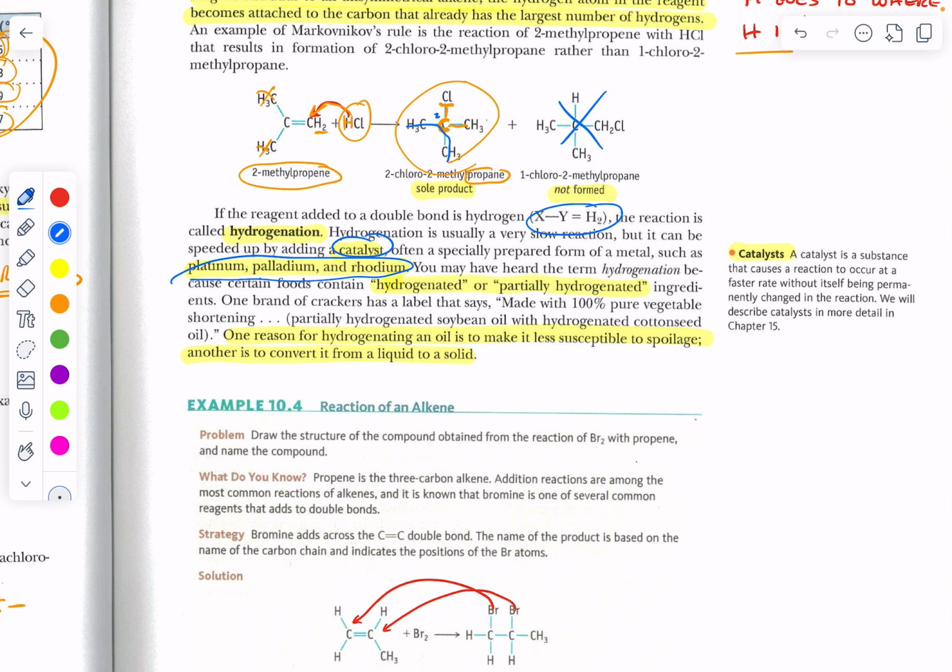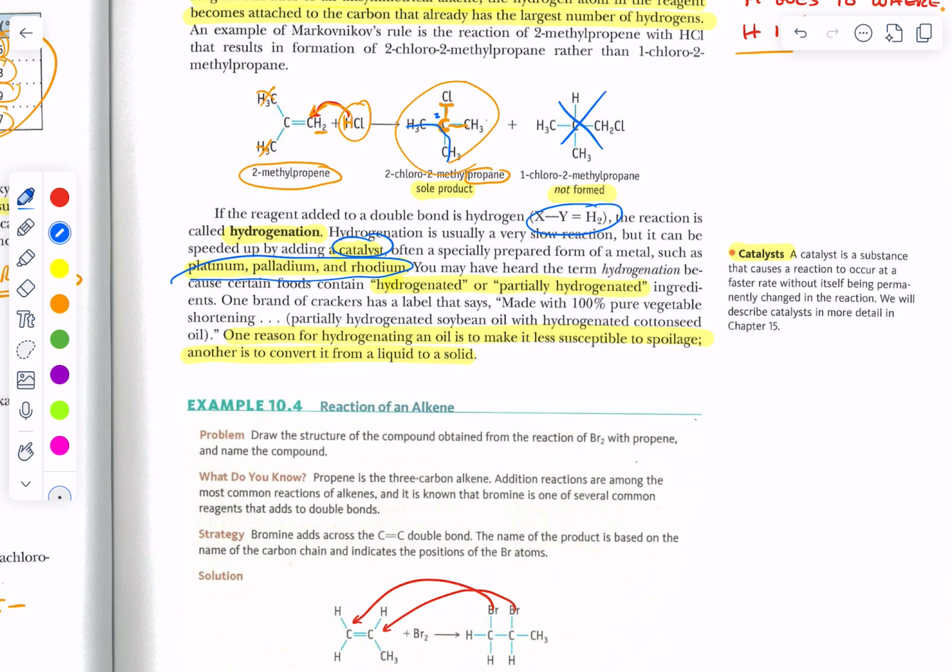Now, why would you want to hydrogenate something? Well, when you hydrogenate an oil or a fat, fats typically come from animals, oils typically come from plants. But when you hydrogenate it, you make it less susceptible to spoilage. It's going to last longer. It's not going to spoil.